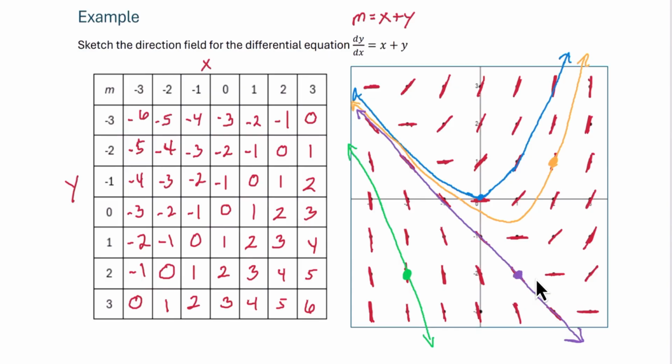And again, these are specific solutions with initial conditions that fit the slope field. This was a relatively simple example that we did by hand. More complicated examples will use technology to help us graph these slope fields.